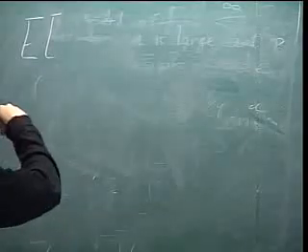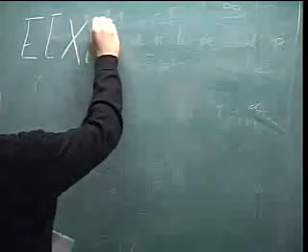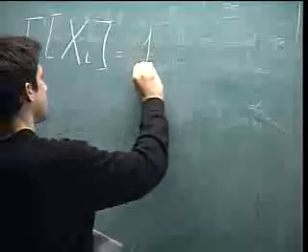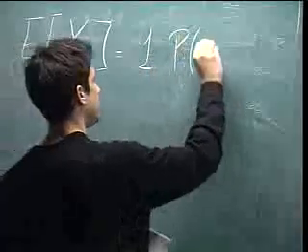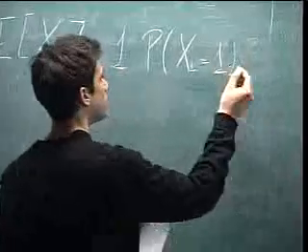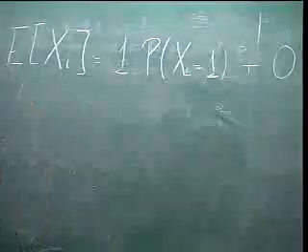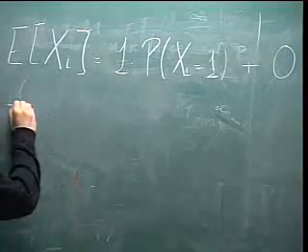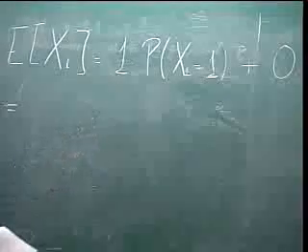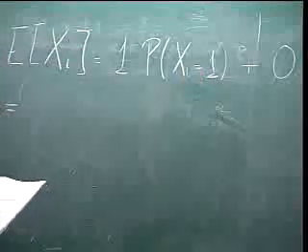But okay, so the expected value of Xi is 1 times the probability that Xi is equal to 1, plus 0. It's either 0 or 1. So it's just equal to the probability that Xi is equal to 1.